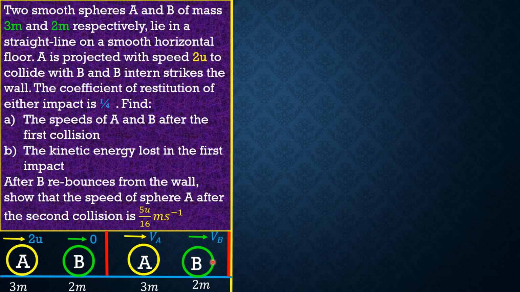Now that we have the scenario set up, all we have to do is apply the conservation of linear momentum and Newton's experimental law of restitution. Conservation of linear momentum gives us: the mass of sphere A is 3m, its velocity is 2u, plus the mass of sphere B, which is 2m, velocity 0, so that gives 0, equal to 3m times VA, plus 2m times VB.